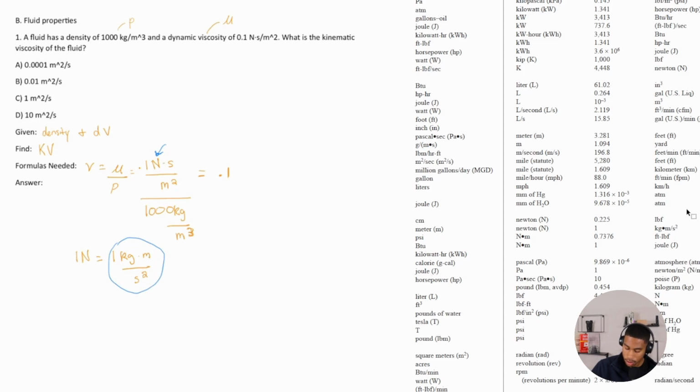So 0.1 times 1 kg m over s squared. Okay. Now, going back to my other unit times s all over meters squared. And then that's all over 1,000 kg over m cubed.